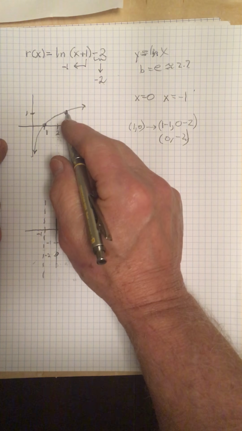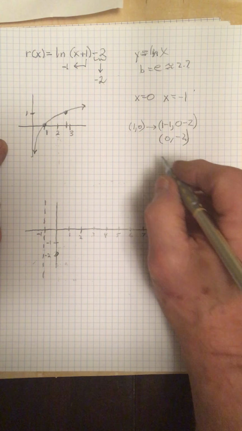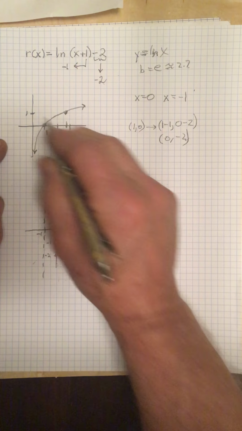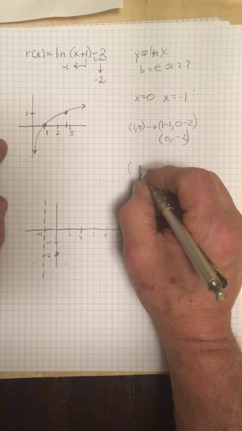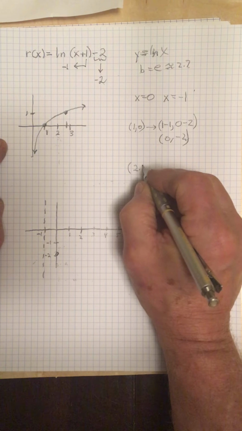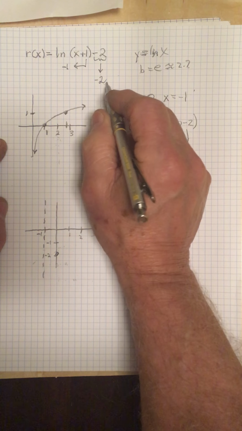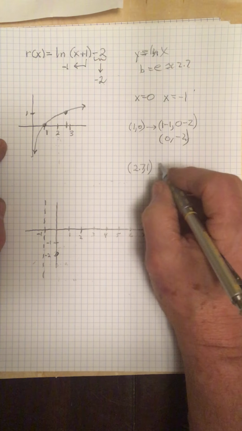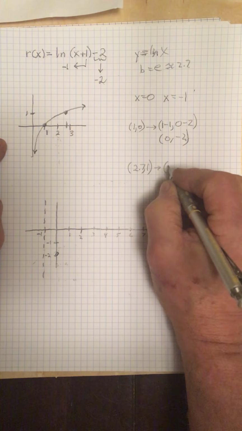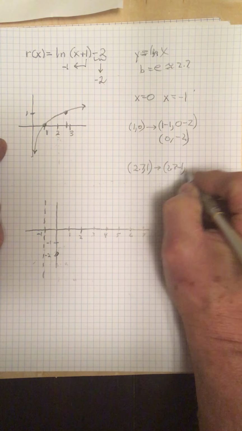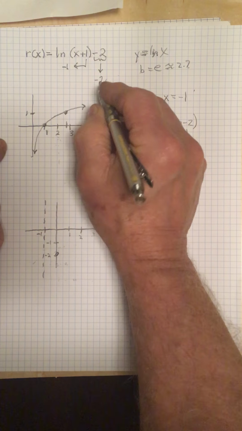Okay, what about this point? Well, that's the point b, 1. B, we're just going to use 2.7 because we have to estimate it. But then we have to apply these transforms, so we're going to go back 1, and for the 1 we're going to drop down 2.